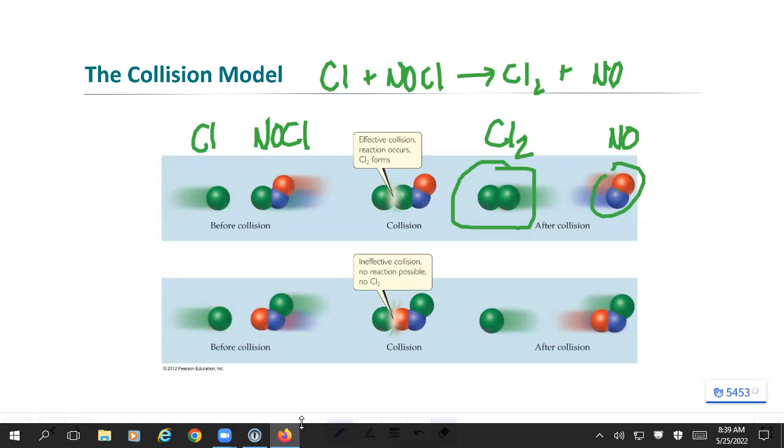Now notice the difference between the two. In the top one, our chlorines end up colliding with each other. And if there's enough energy in that collision, that chlorine colliding with the other chlorine provides enough energy to break off the chlorine from the NaCl and attach it to the other chlorine atom.